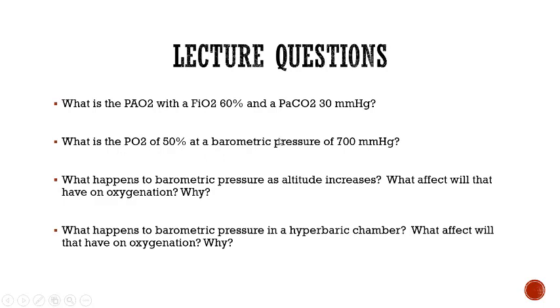So that's going to be where you just multiply them together. What happens to the barometric pressure as your altitude increases? What effect will that have on oxygenation and why? And then I have it the other way in the hyperbaric chamber. So take some time to answer those. If you have any questions, as always, please email me.